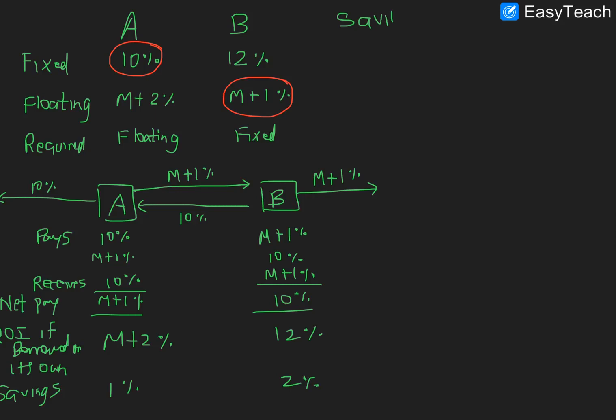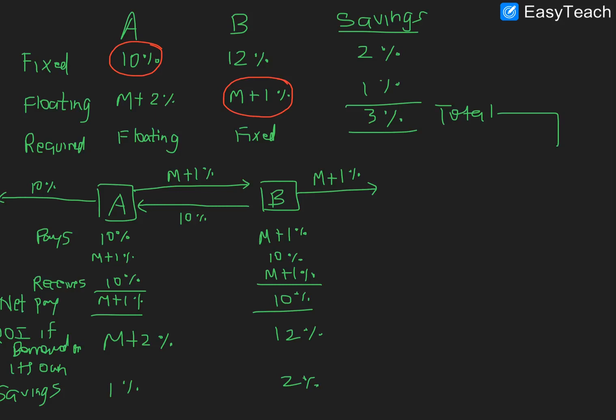Let's look at savings. The savings in fixed is going to be 2%. If A takes a loan instead of B at a fixed rate, there's going to be 2%, and if B takes a loan at MIBOR plus 1%, there's a saving of 1%. So total savings is 3%.